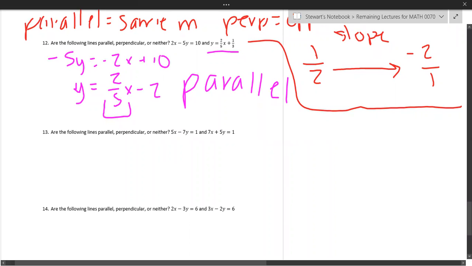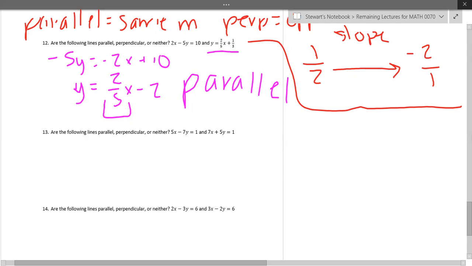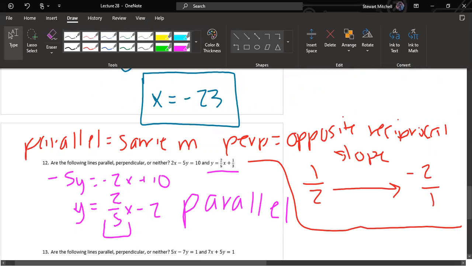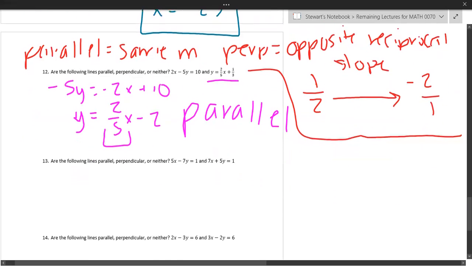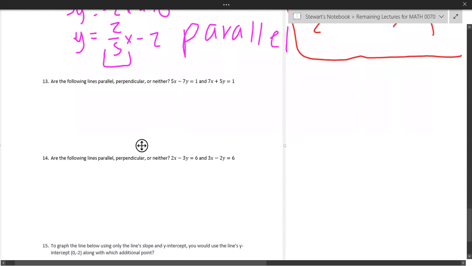Okay, so are the following lines parallel, perpendicular, or neither? Same question. Okay, so here we're going to also want to change both of these into slope-intercept form.